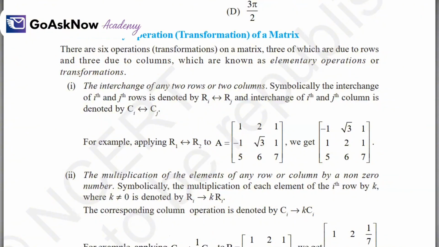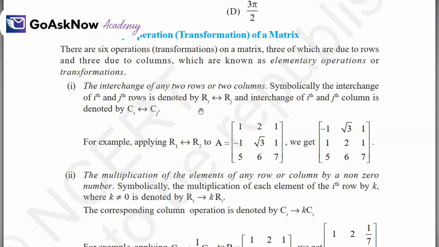If you apply R1 exchanging with R2 to A, then row 2 will be shifted to the row 1 position and row 1 will be shifted to the row 2 position. So you will get 1, 2, 1, minus 1, root 3, 1, 5, 6, 7 as minus 1, root 3, 1 and 1, 2, 1 and 5, 6, 7.